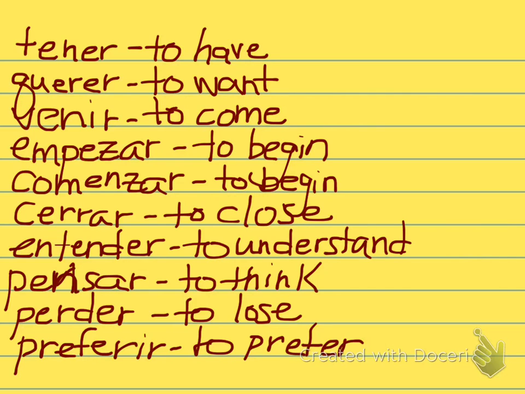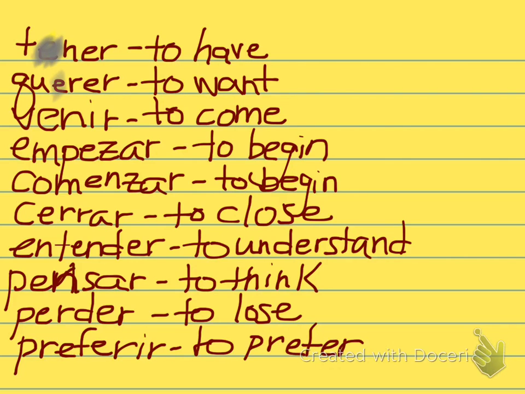Let's go through and underline, or I wonder if I could highlight on this. You can highlight on this. I'm going to highlight the part that changes. So this E will change.